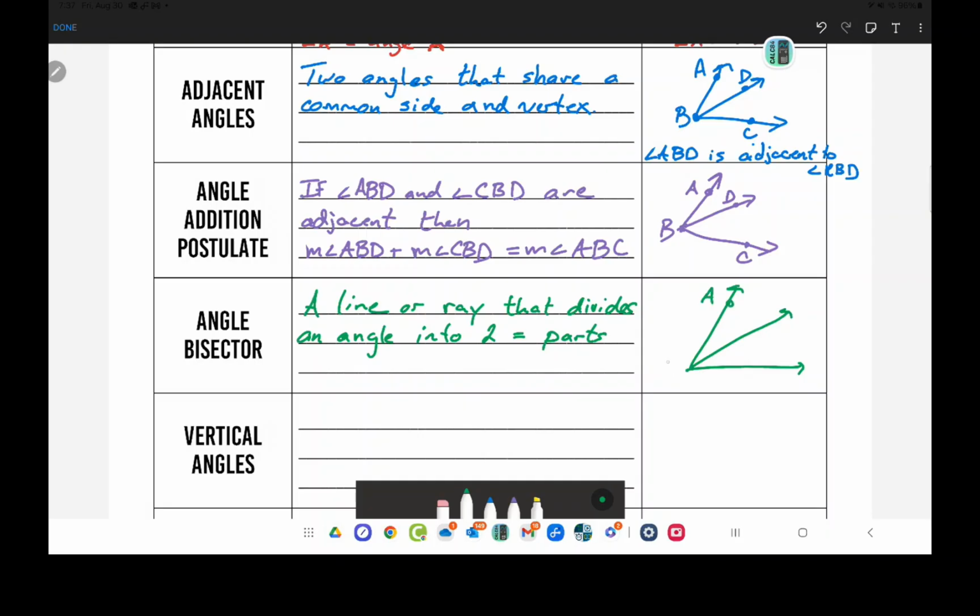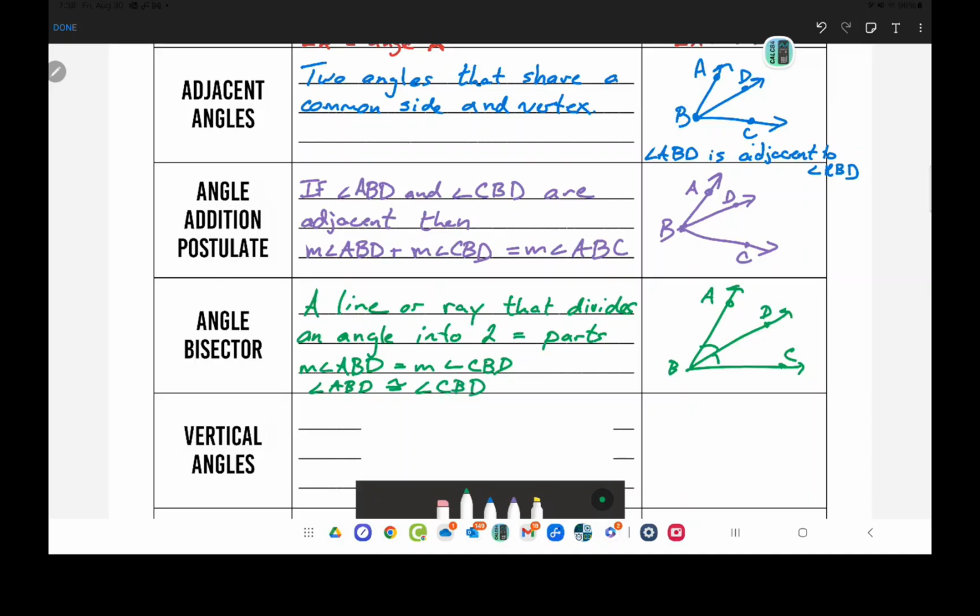We have A, B, C. Here, the measure of angle ABD is equal to the measure of angle CBD, and you can say that angle ABD is congruent to angle CBD.